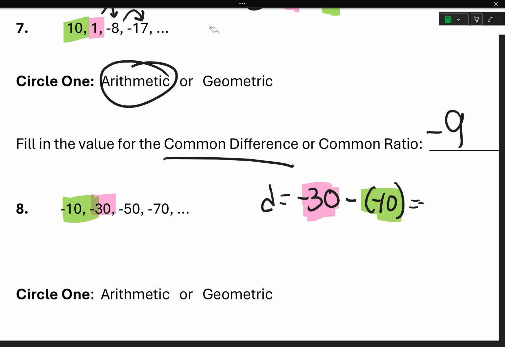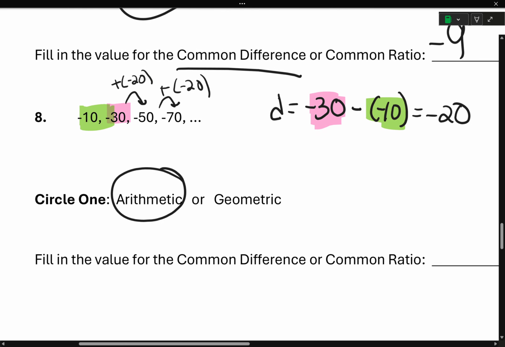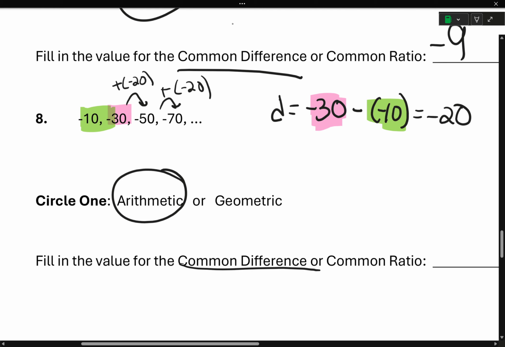I can't believe I forgot to write down the negative. It's -20. All right, let's see if that works. Is negative 30 plus negative 20, negative 50? It is. Is negative 50 plus negative 20, negative 70? It is. So we're arithmetic, and our common difference is negative 20.